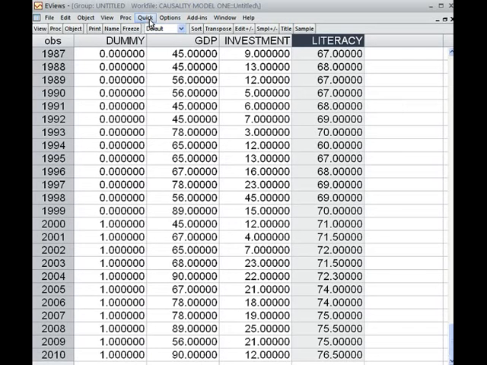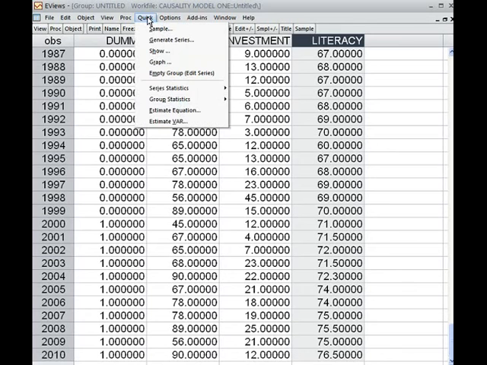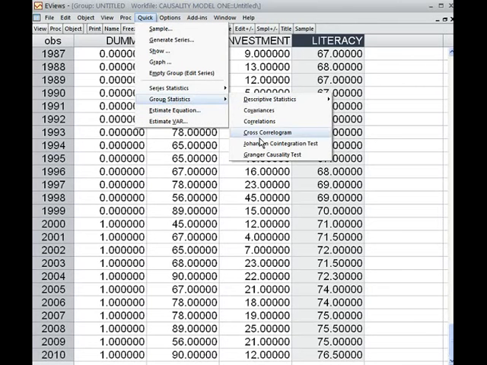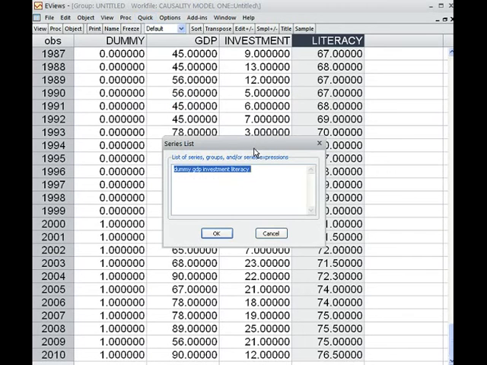How to run it? I go to Quick, then Group Statistics, then Johansen Cointegration Test. I choose from here. First I write literacy, then GDP, then investment, these three variables.